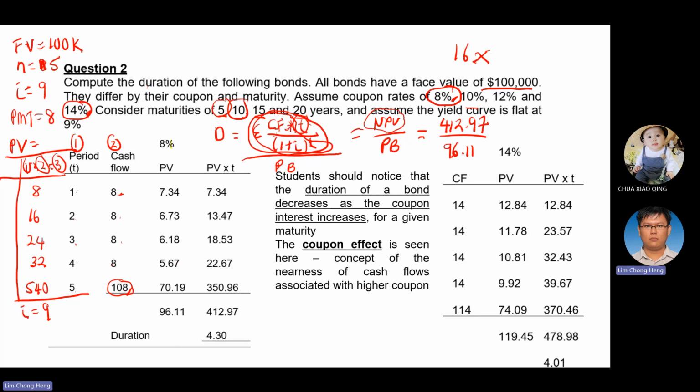Okay, until here can you follow? Okay, so you already finished your MPV. So you divide, then you will get the duration is 4.3 years. Duration is 4.3 years.